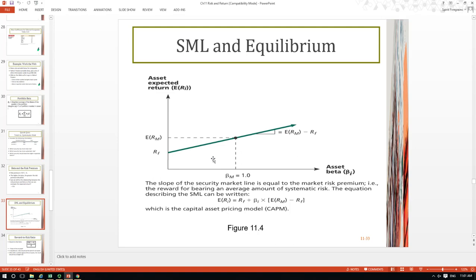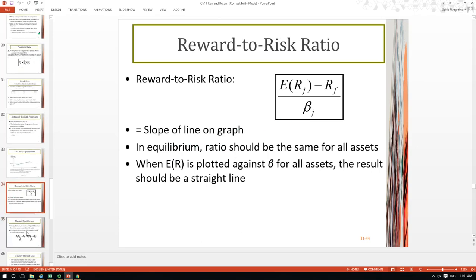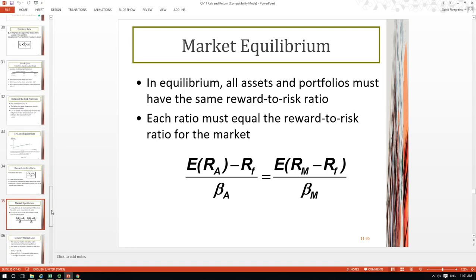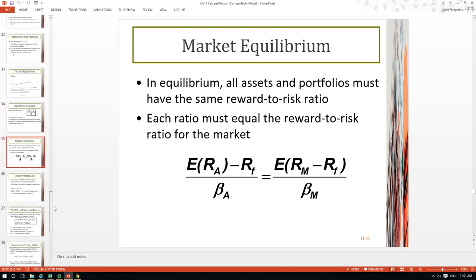If it's under this line, it's overvalued, indicating that the stock price is not a good deal for investors. And any security that is on this line is fairly priced. So in market equilibrium, let's assume that all securities are fairly priced, then the reward to risk ratio should be the same for all securities and for the market.